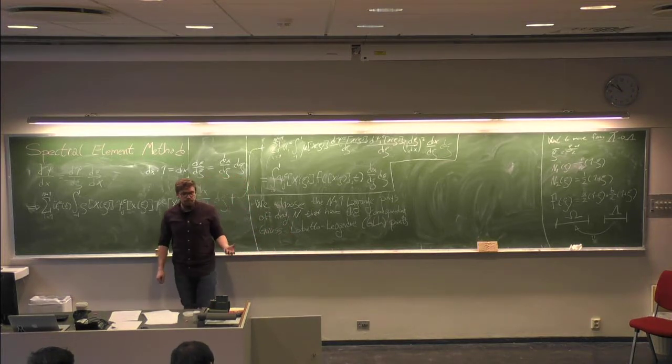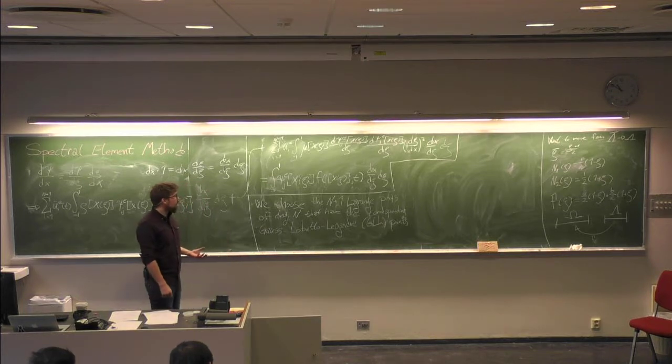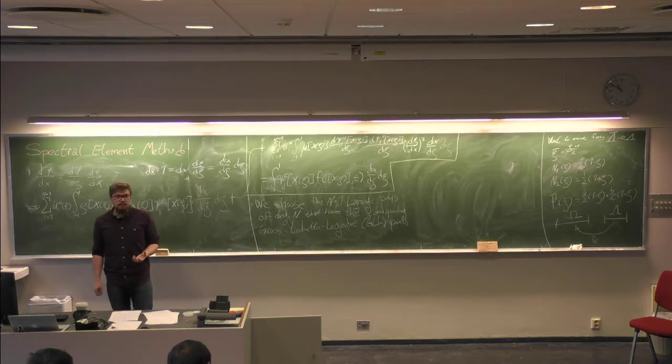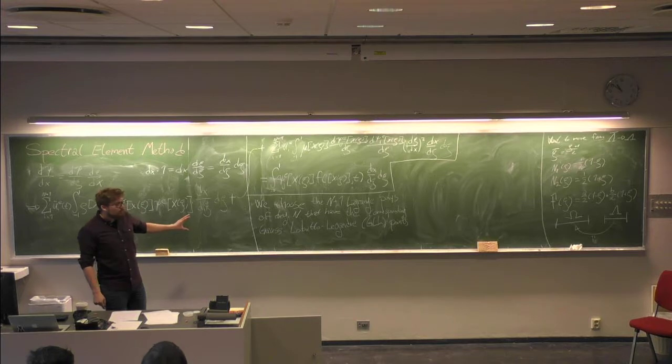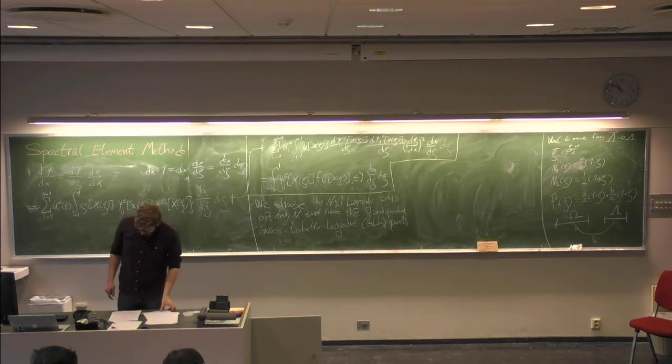They are good points to pick. You could just pick random points, but then you would have trouble keeping track of them. Or you could pick the endpoints, but then again you would have a problem with Runge's phenomenon, in the end it would oscillate a lot. So these points ensure a very good accuracy of your routine.